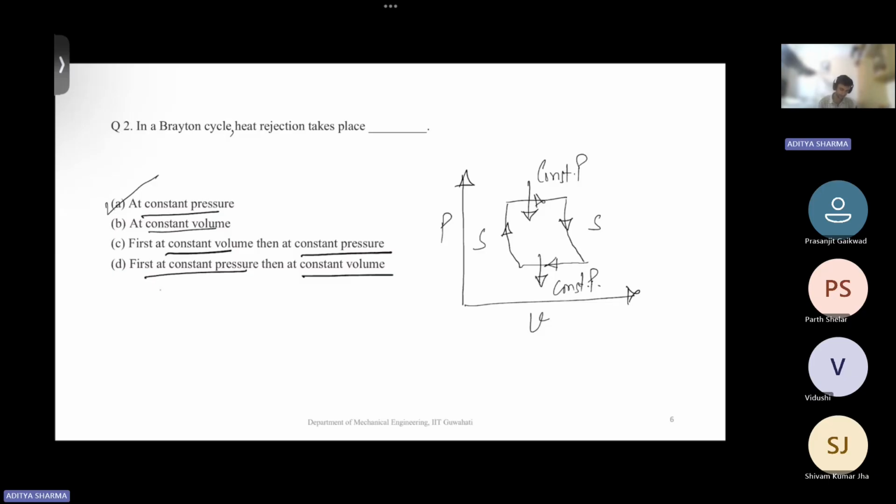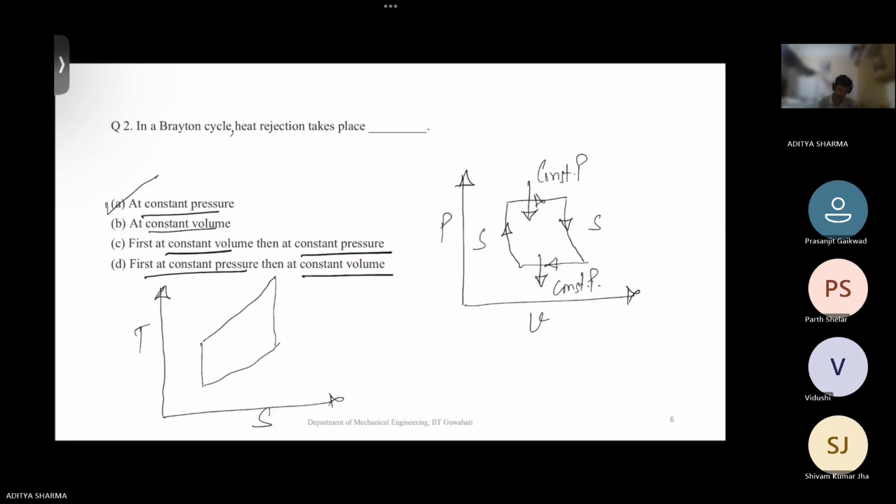The T-s diagram, temperature with respect to entropy. How is this diagram? It basically is like this. Just to revise, it is like this. So this is 1, 2, 3, 4. This is your Brayton cycle from the previous week.